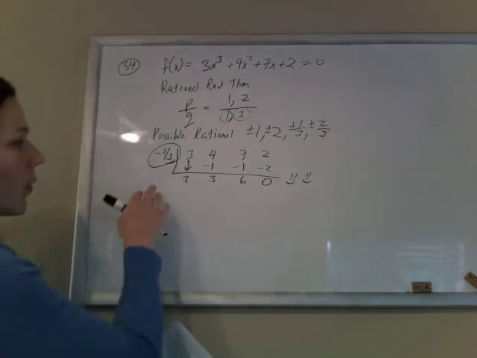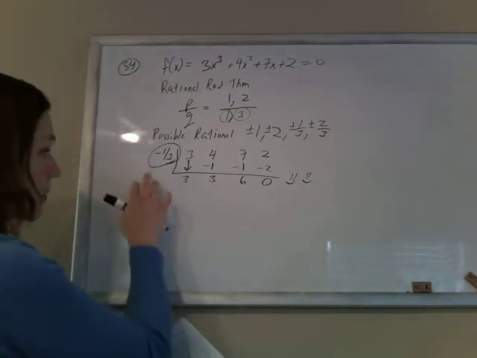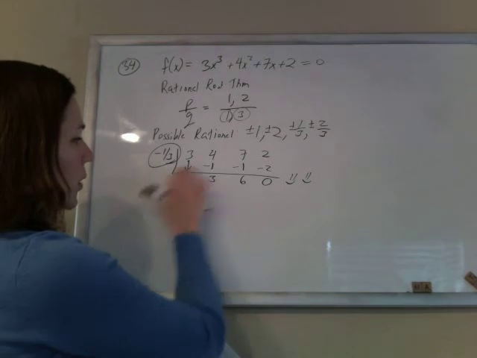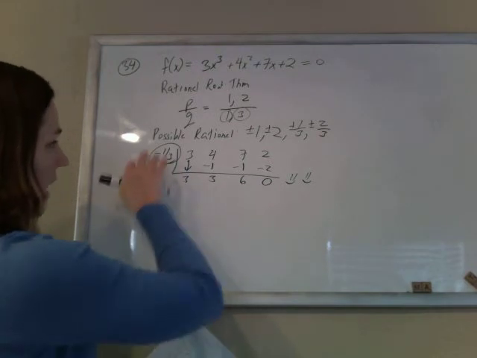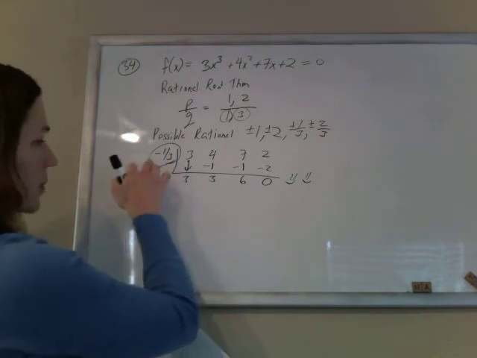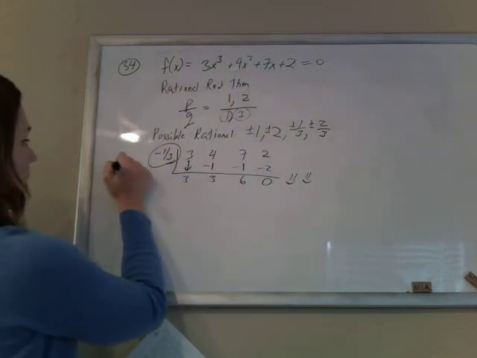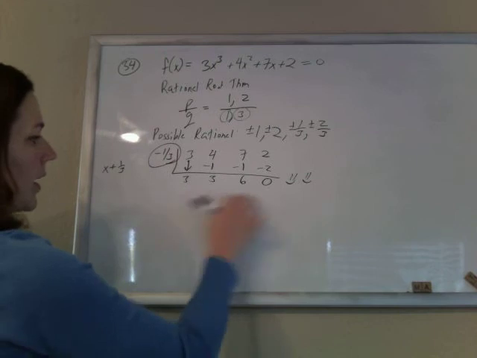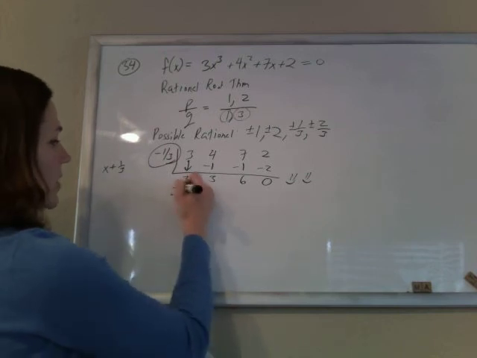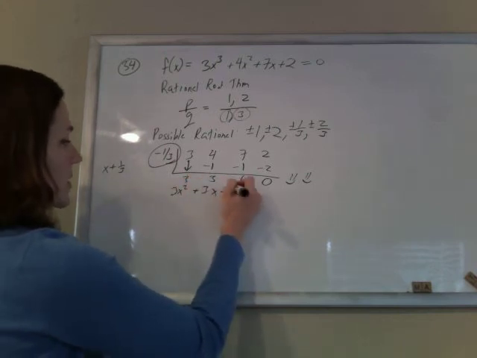So now, not only did we find one of the roots of this, we have successfully whittled this equation down. We divided out the factor x plus 1/3. We divided this thing by x plus 1/3 and got this left. We got 3x squared plus 3x plus 6.